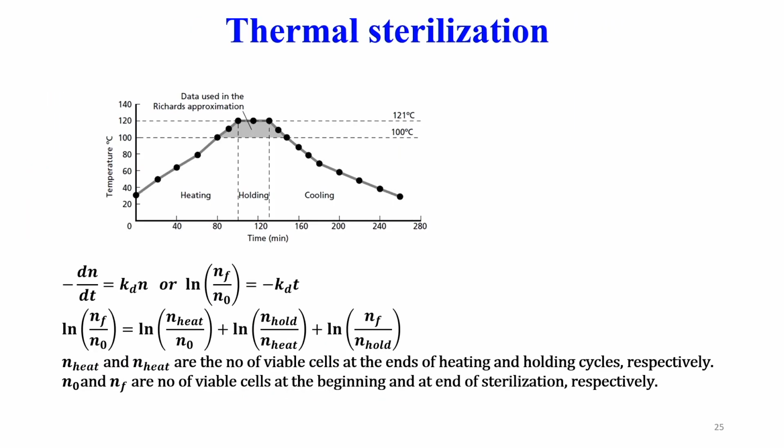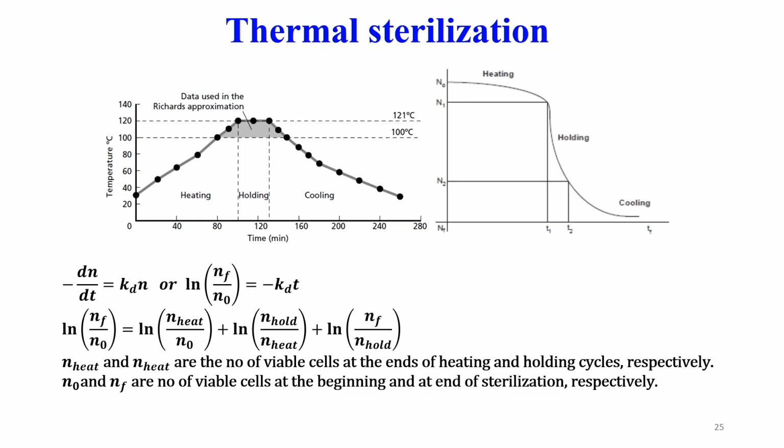So, in fact, we can write the same expression as we discussed in the last lecture, that minus dN upon dt equals kd into N, or ln Nf upon N0 equals minus kd into t.